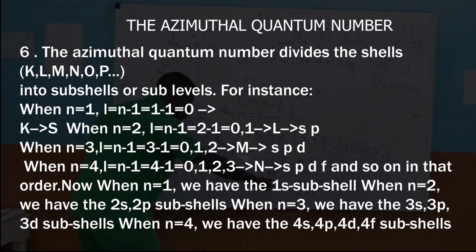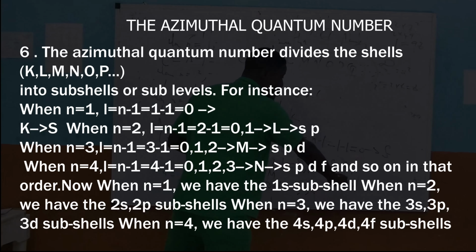This implies that inside of the M principal shell, there are 3 subshells, and they are s, p, and d.